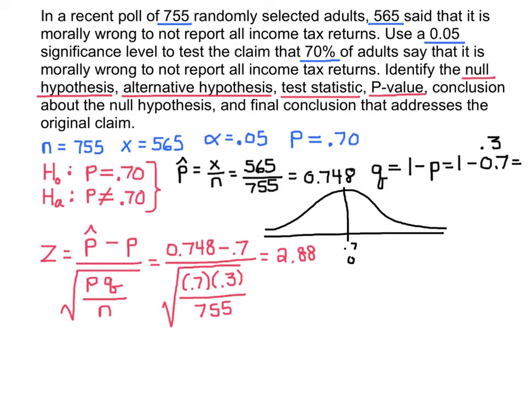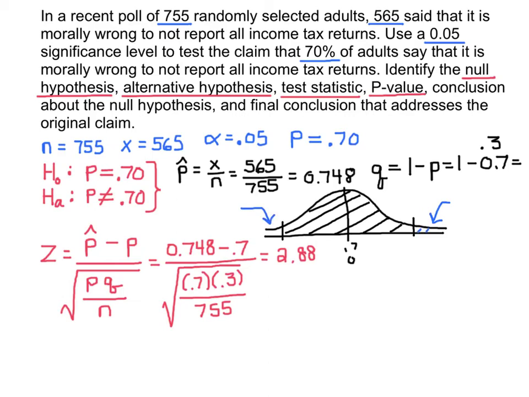Now, because the alternative hypothesis is not equal to, this becomes a two-tailed test. So we actually have two tails. We have a right tail and our left tail. And when you think about it, it's a 95% confidence interval. So 95% of our data is going to fall between the two tails. So since 95% of the data falls between the two tails, then the tails, we have a tail here, and we have a tail here, these tails are going to make up the remaining 5%.